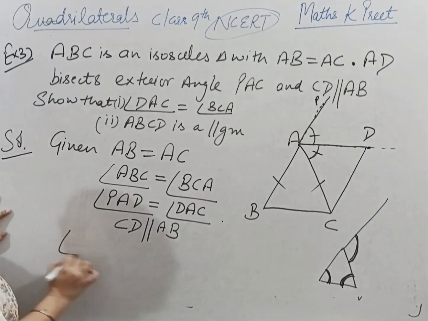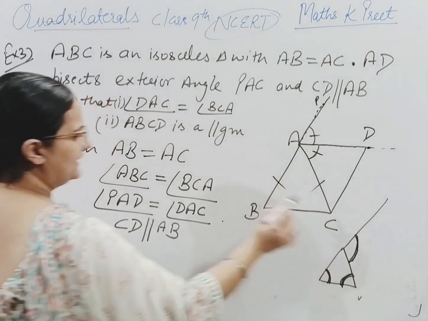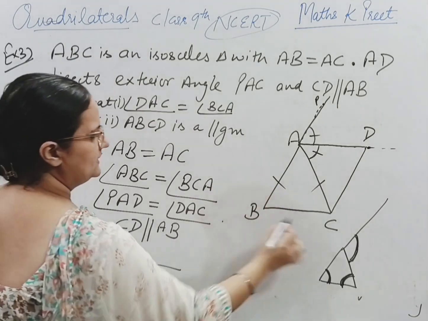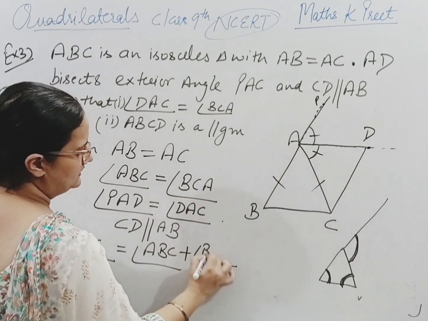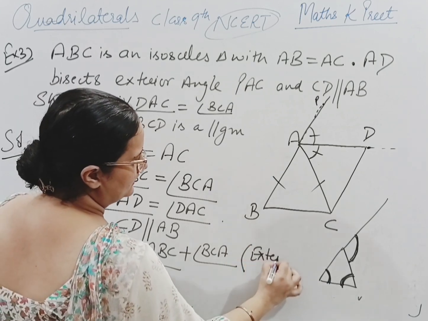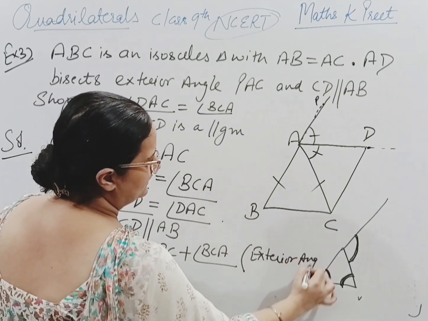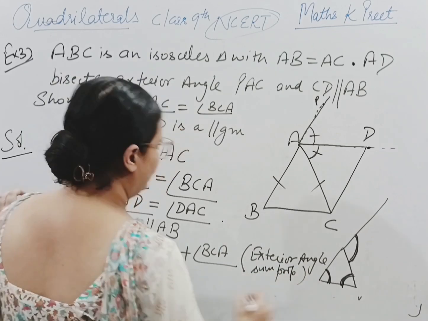So angle PAC, this complete exterior angle PAC, can be written as a sum of ABC plus BCA. Here you will write exterior angle sum property. Fine.